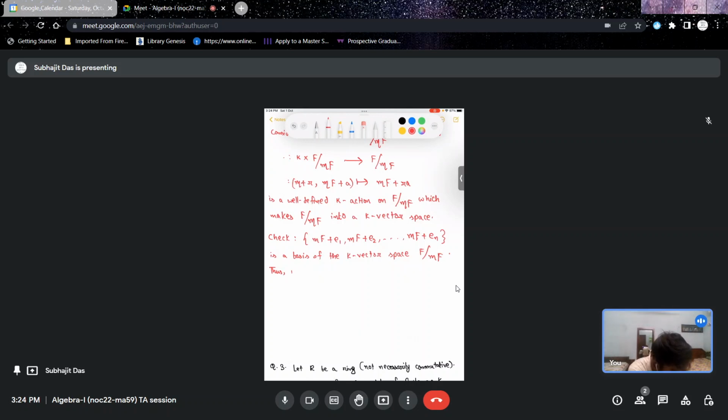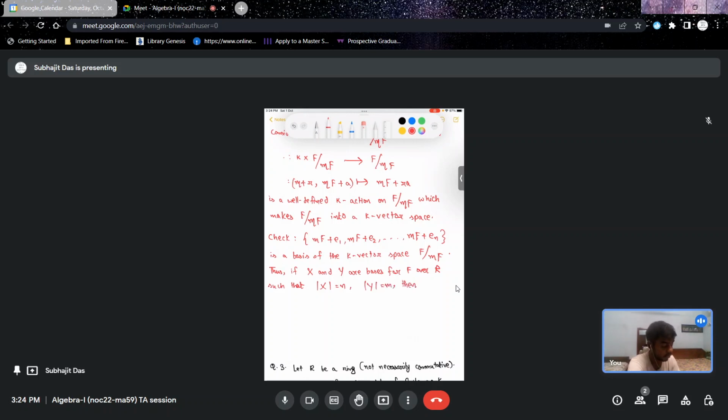So thus, let's say, how should I write this? X and Y are bases for the free module F over R, such that the cardinality of X is n and the cardinality of Y is m, right?